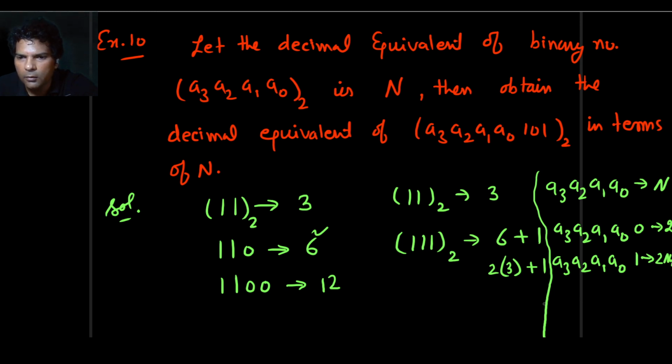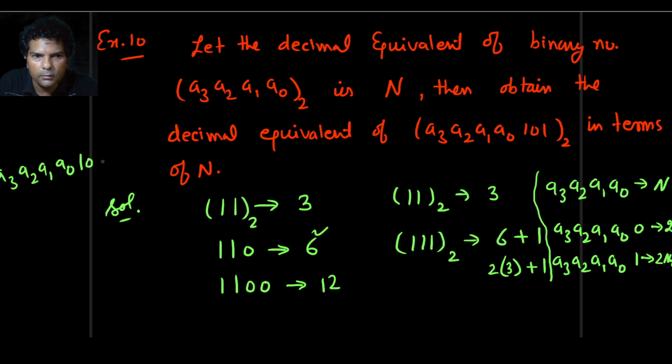Now we don't have the space, so let us do it on the left side. This is A3, A2, A1, A0, 1, 0. It is twice the previous value, 2N plus 1.